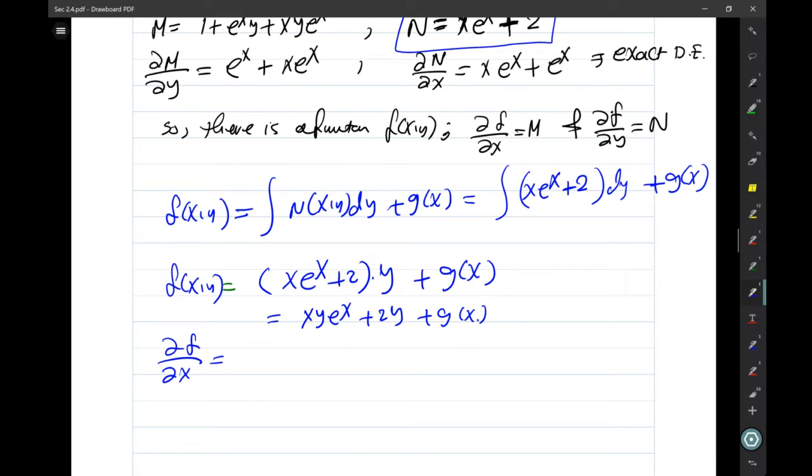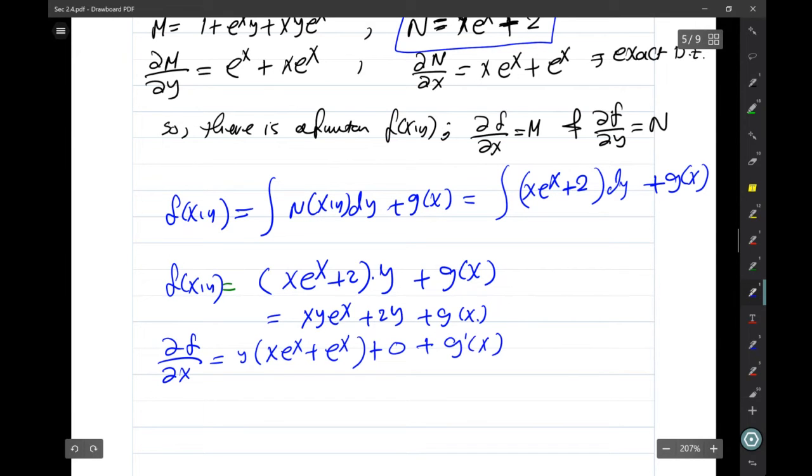The derivative of xy ex is the first times the derivative of the second plus the second times the derivative of the first, plus the derivative of 2y with respect to x, which is 0, and the derivative of g, which is g prime x.